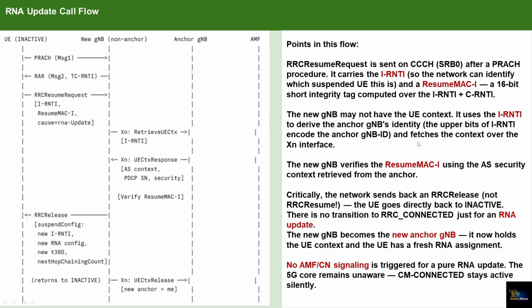Then the new gNodeB will send the RRC release with the suspend config. In this suspend config, the new I-RNTI will be provided by the gNodeB. The new RNA config, the RAN notification area config, will be sent, and a new T380 is provided by the gNodeB, along with the next hop chaining count.